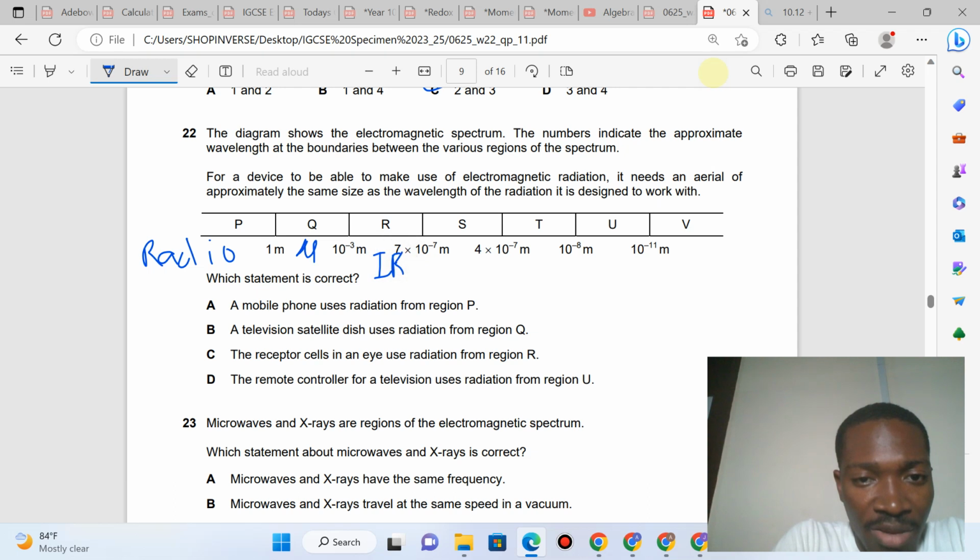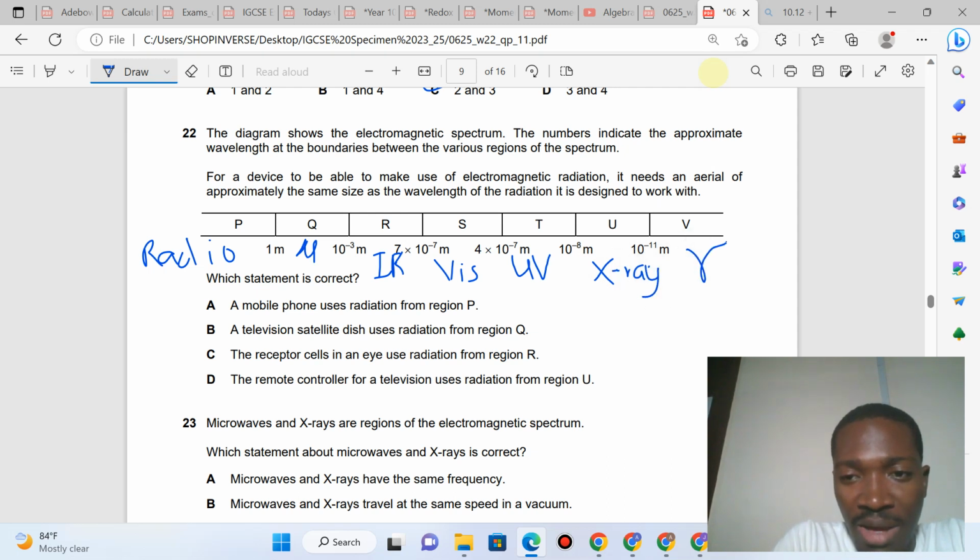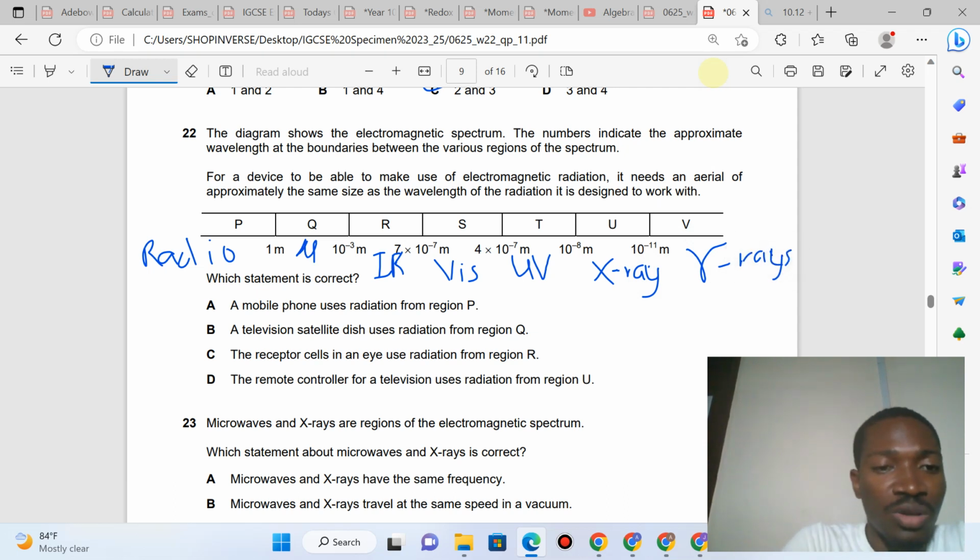After infrared, we have visible light. After visible light, we have ultraviolet. After ultraviolet, we have X-rays. After X-rays, we have gamma rays. Now, radio waves are used for radio communication.